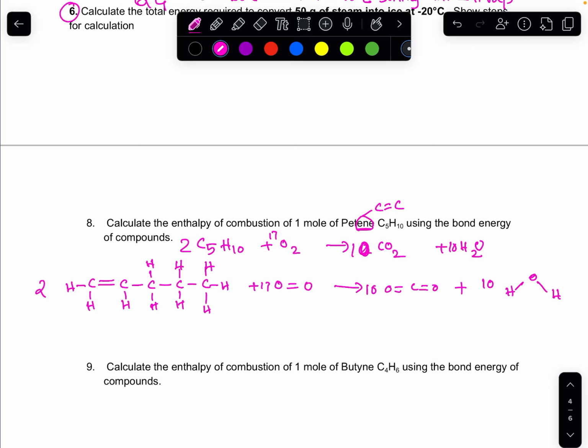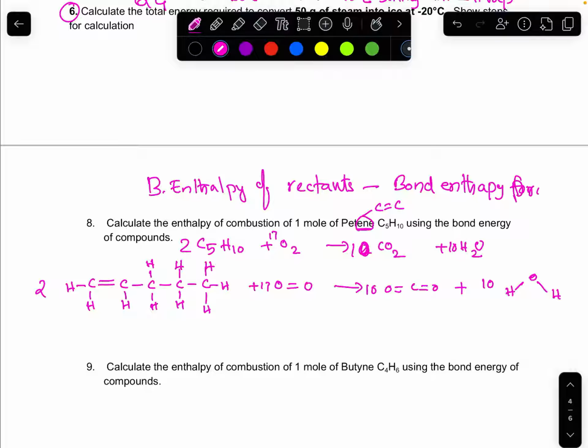Okay, now the formula we are using, we have to find the bond enthalpy of reactants minus bond enthalpy of products. You have to add all of them and then subtract.